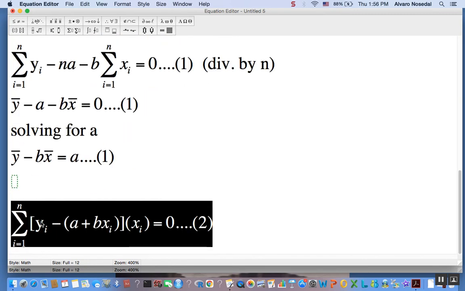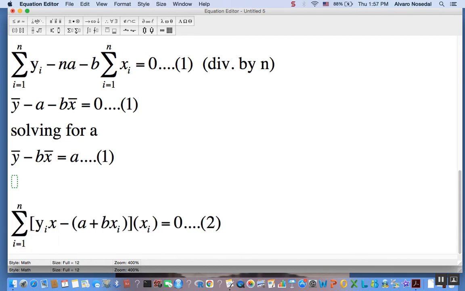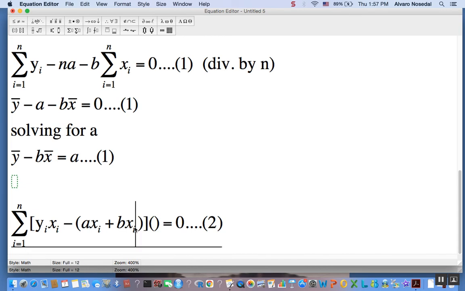So we're going to have summation of yi's times xi, right? So let me write it down here. Then we're going to have minus a times xi, then we're going to have xi squared.